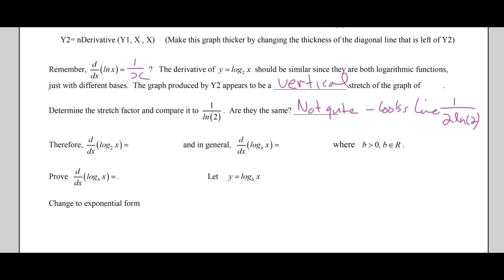Therefore, d by dx of log 2x is 1 over x ln 2. Sorry, 1 over 2 ln 2, right?